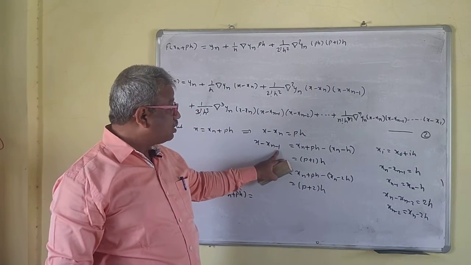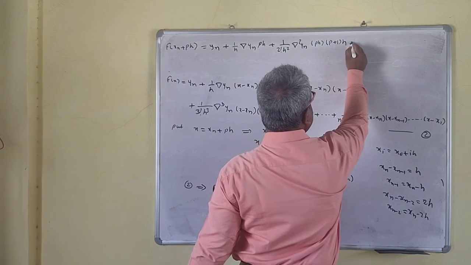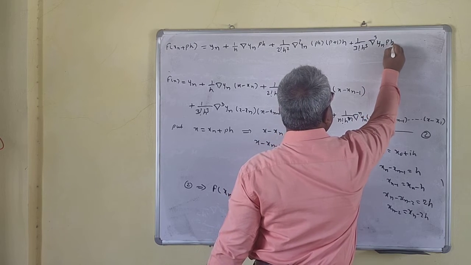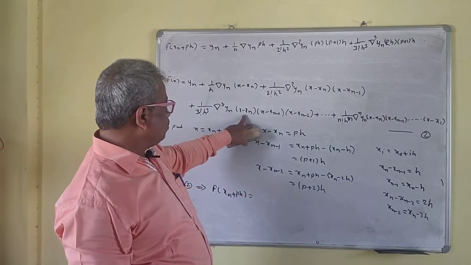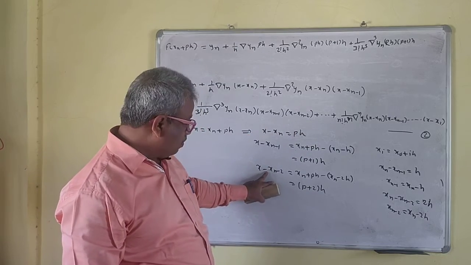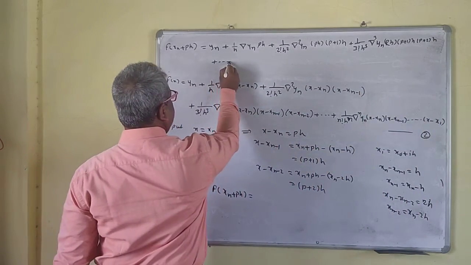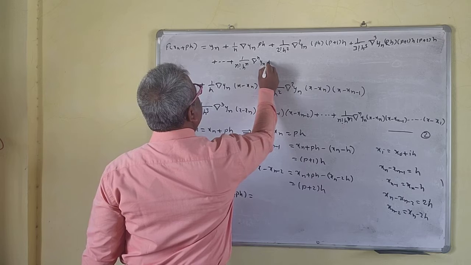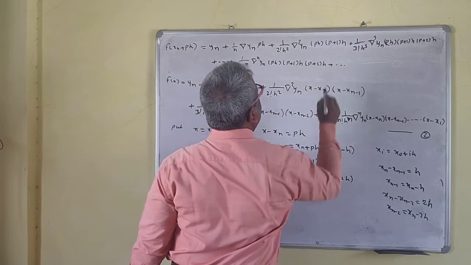Plus 1 upon 3 factorial h cube, third difference at yn, times ph, then p plus 1 times h, then x minus xn minus 2, which is p plus 2 times h, plus dot dot dot plus 1 upon n factorial h to the power n, nth backward at yn, times ph, p plus 1 times h, p plus 2 times h, dot dot dot.